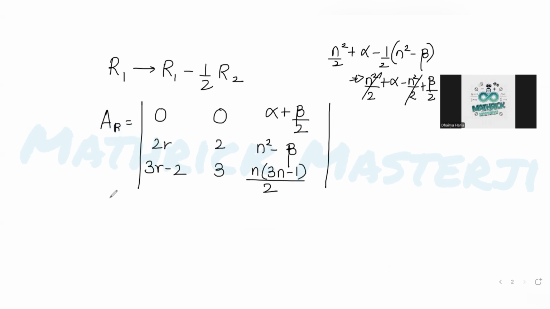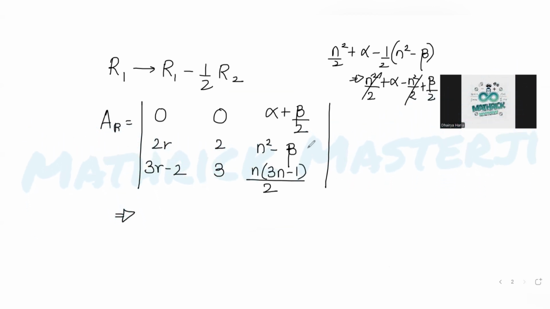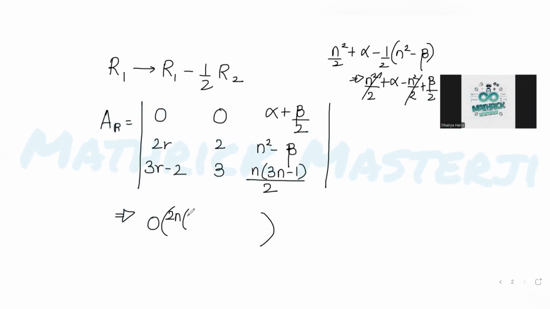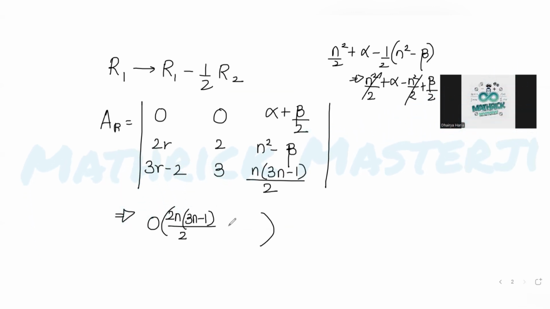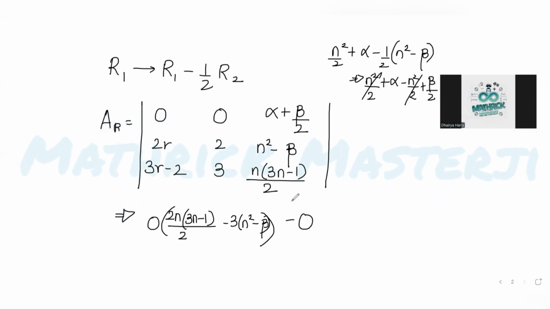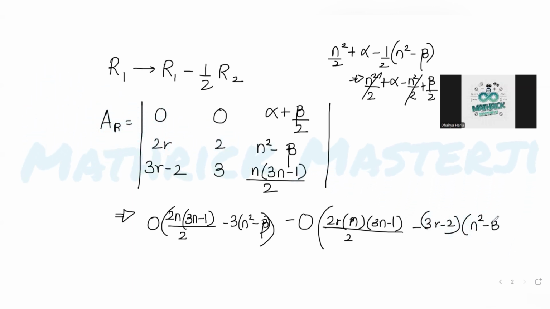Now if I find the determinant of this 3 by 3 matrix, the first term has 0, so anything multiplied by it becomes 0. The second term, 0 multiplied by 2r times n times 3n minus 1 over 2 minus 3r minus 2 times n square minus beta, also becomes 0.